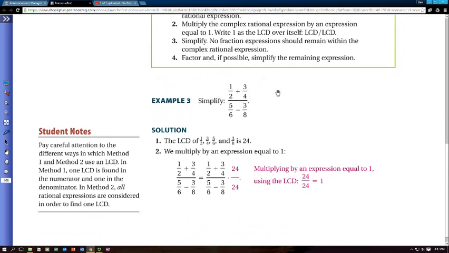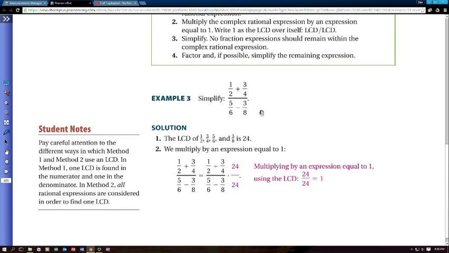So let's see how they do this one. Again, we have a complex fraction here, a rational expression. There are really 4 smaller fractional parts in the addition and the subtraction. What I want to do is find the LCD for halves, 4ths, 6ths, and 8ths, and I can do that by prime factoring each one. 2 is prime, 4 is 2 times 2, 6 is 2 times 3, and 8 is 2 times 2 times 2.